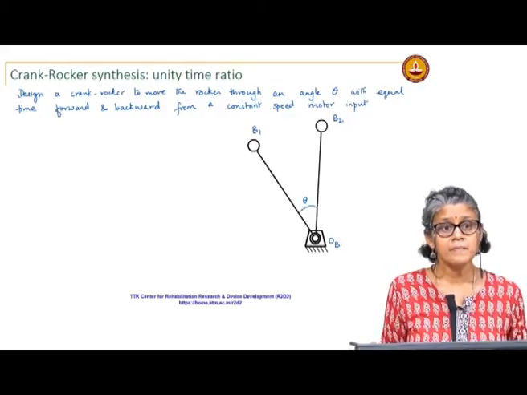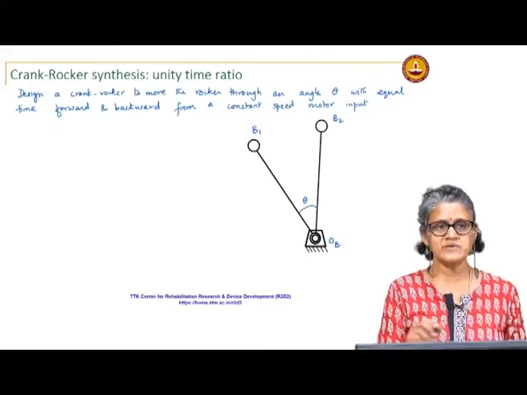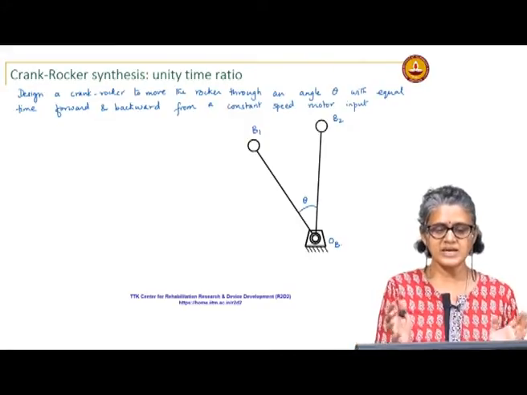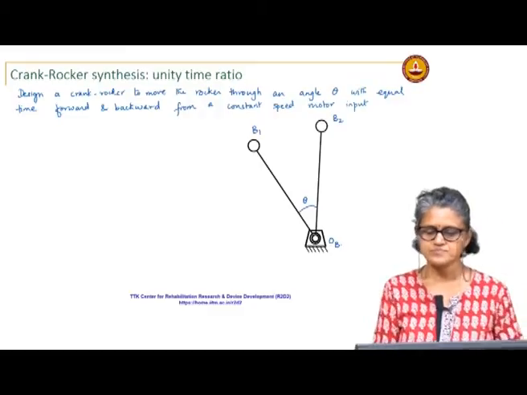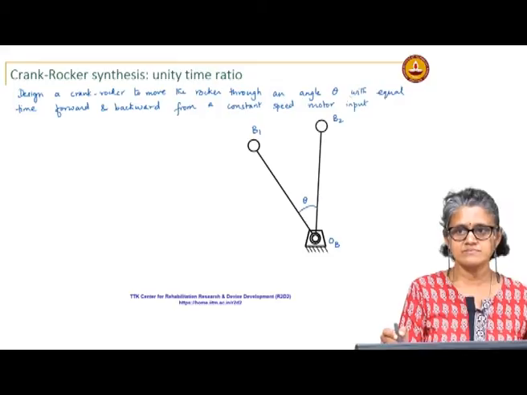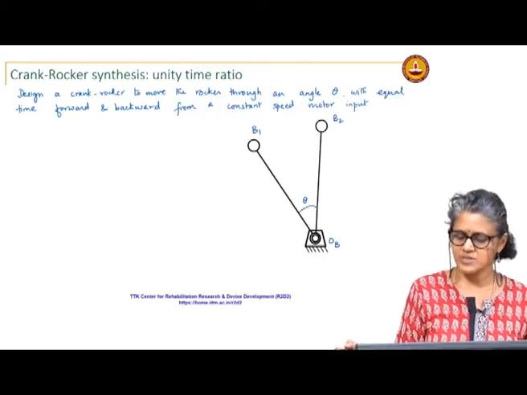Yes, I am limiting those positions. I want it to move between these two and not beyond them. Okay, these are limiting positions. So I am only moving through this angle theta. I do not want the rocker to move beyond that. Okay. So that is what it is.